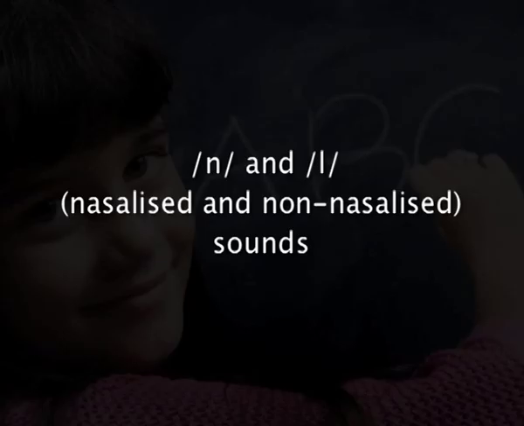This test will help our learners to distinguish between n and l. Here we are trying to make a distinction between nasalized and non-nasalized sounds. The teacher will give instructions and students follow accordingly. This is how the demonstration goes.